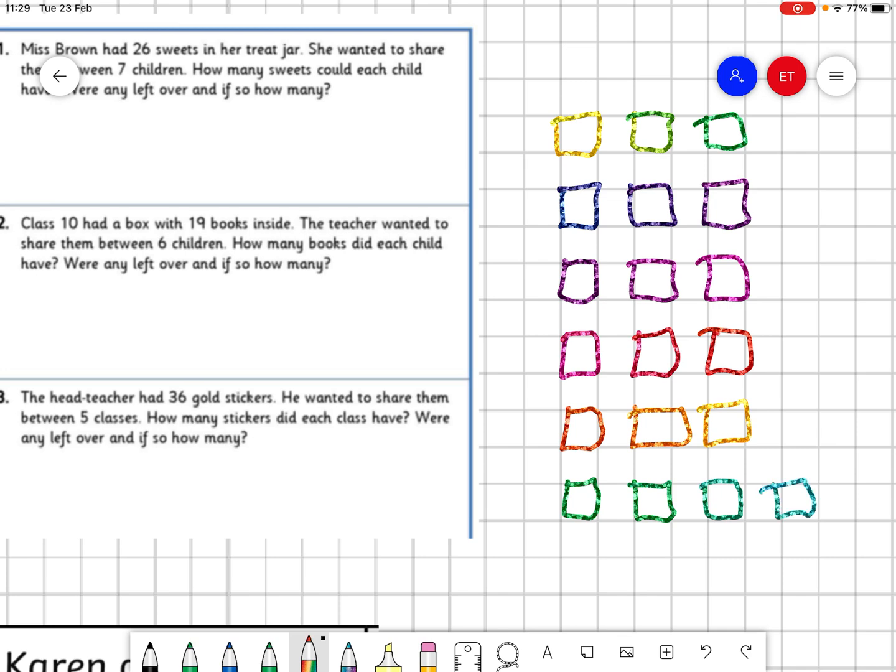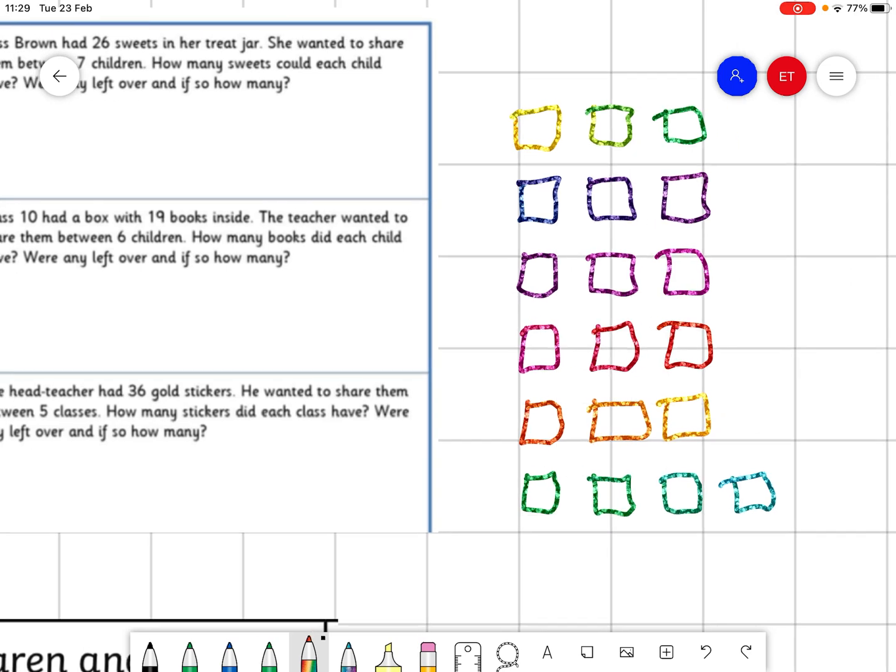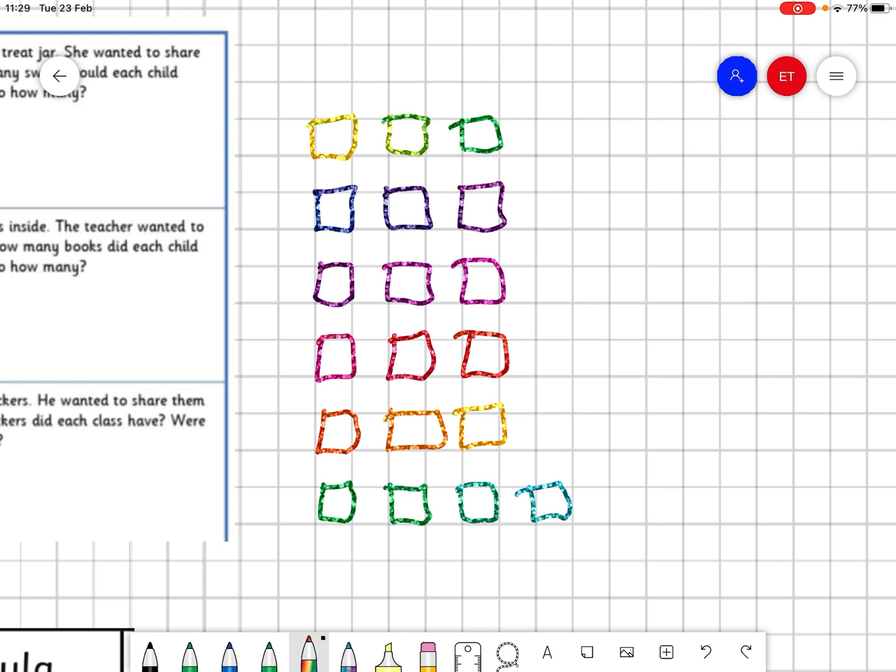Okay, there's 19 books. The teacher wanted to share them between 6 children. Okay? So here are our 6 children. 1, 2, 3, 4.